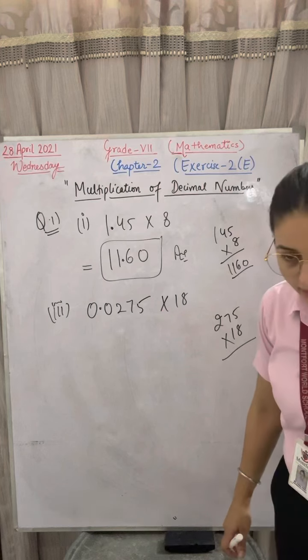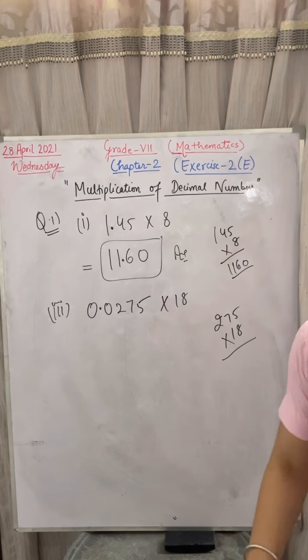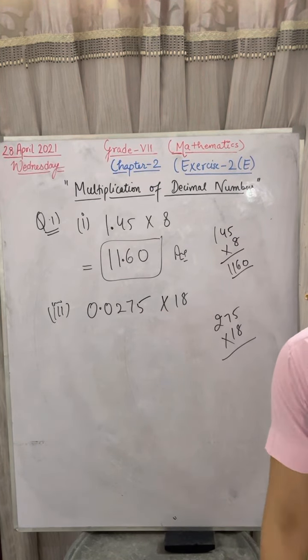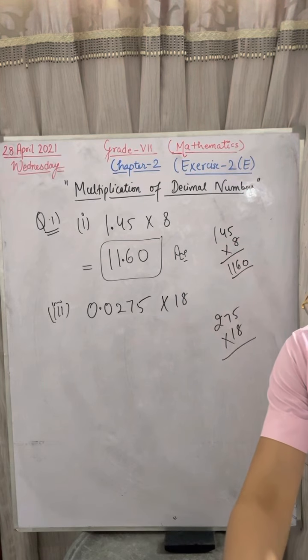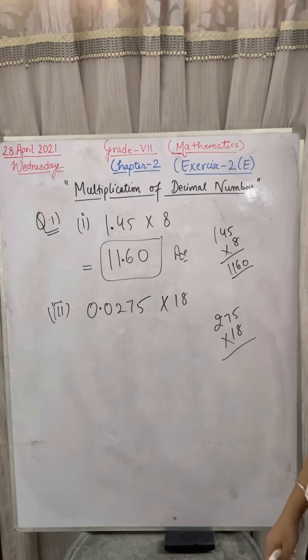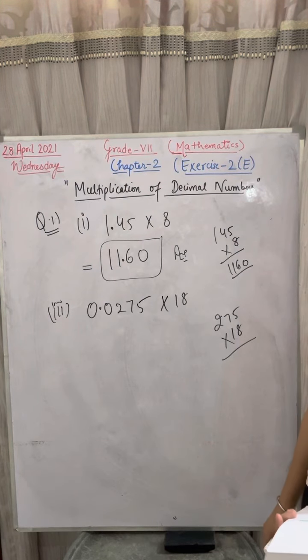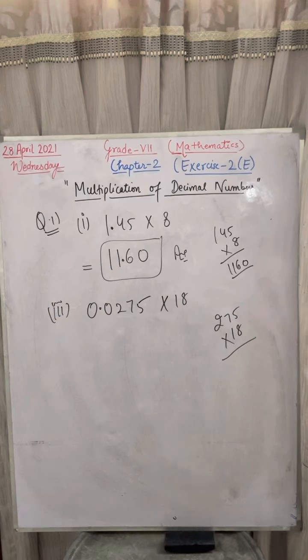Quickly, I am calling some names. Prasan, give me the answer. Tanisha, give me the answer. Sanchit, give me the answer quickly. Yes. Multiply 275 with 18. No. Ayan, answer is wrong.